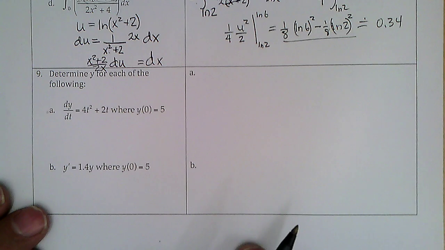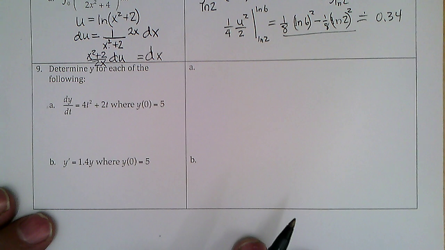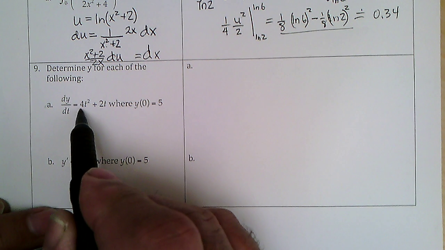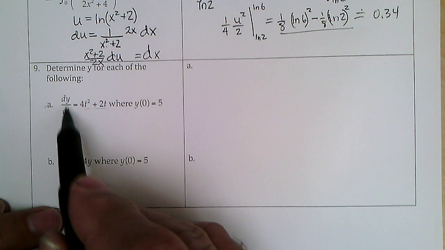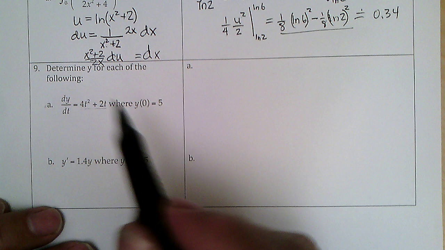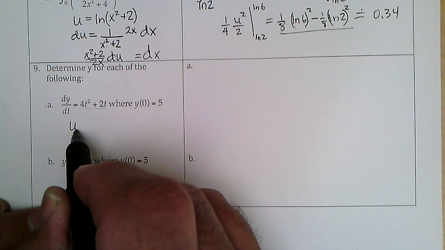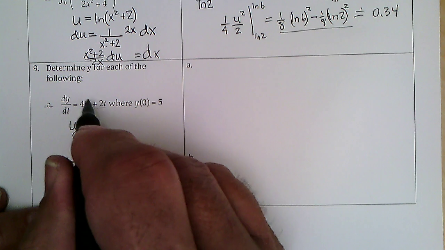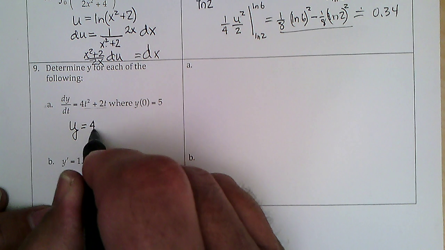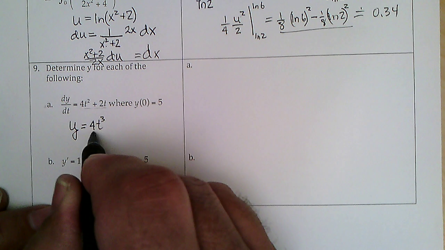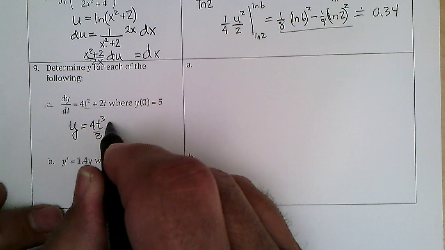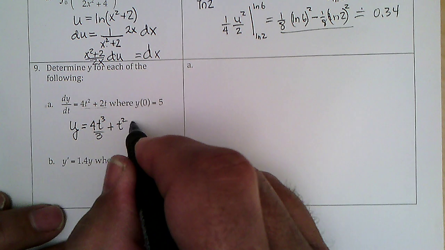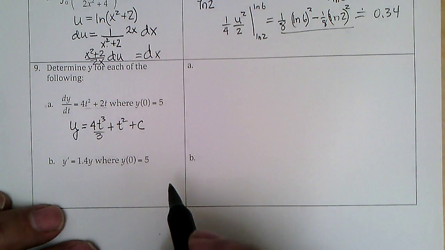And finally, in the very first sections, we talked about differential equations. If dy equals this, and we integrate this, then we find out that y would be 4t to the third over 3 plus t squared plus c.